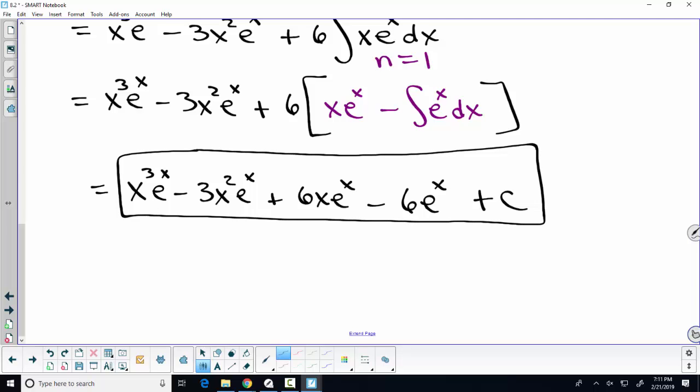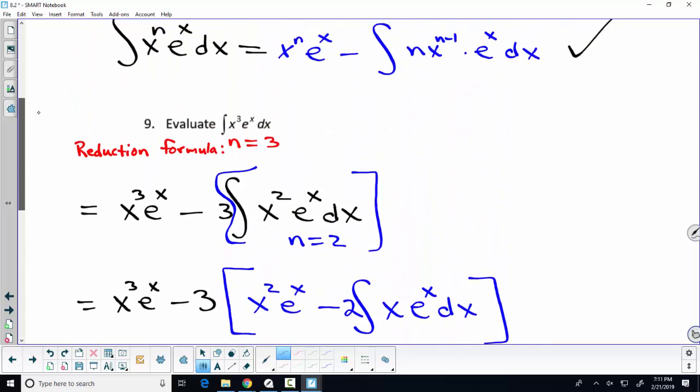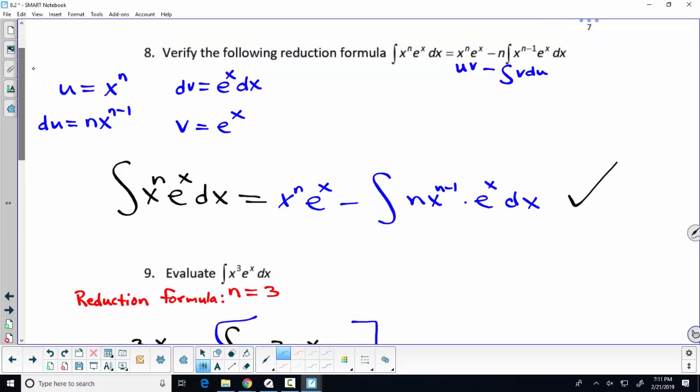There are reduction formulas for algebraic times a trig function too. I think it'll work for trig functions too, because eventually you'll get to an integral where you'll have something familiar like secant tangent or something like that.